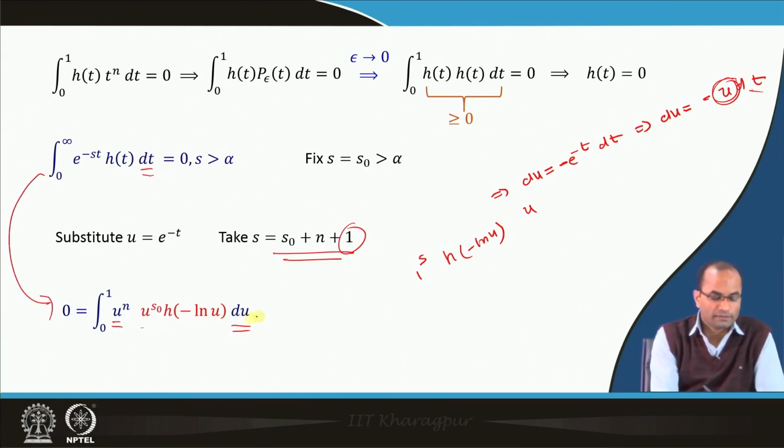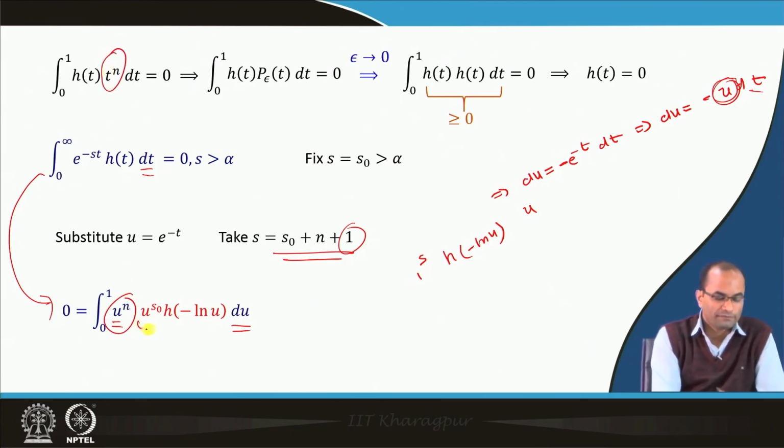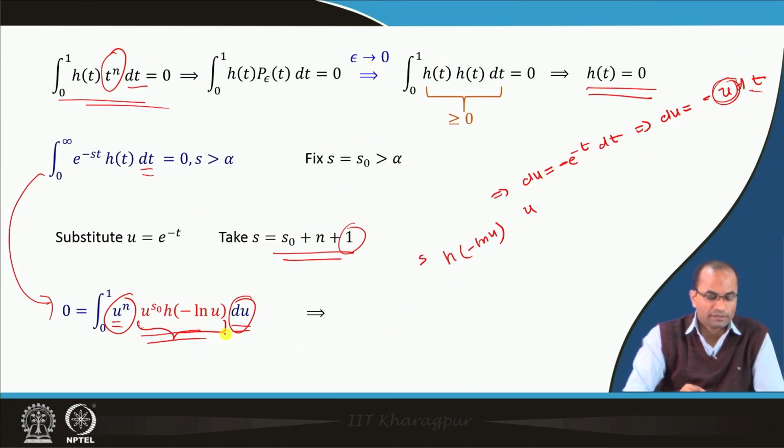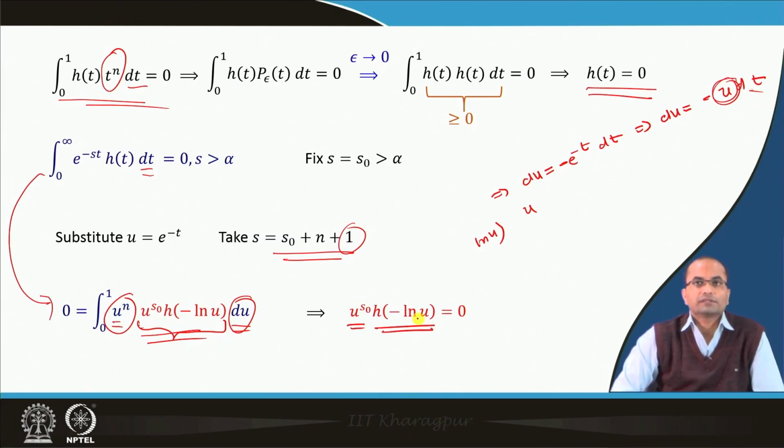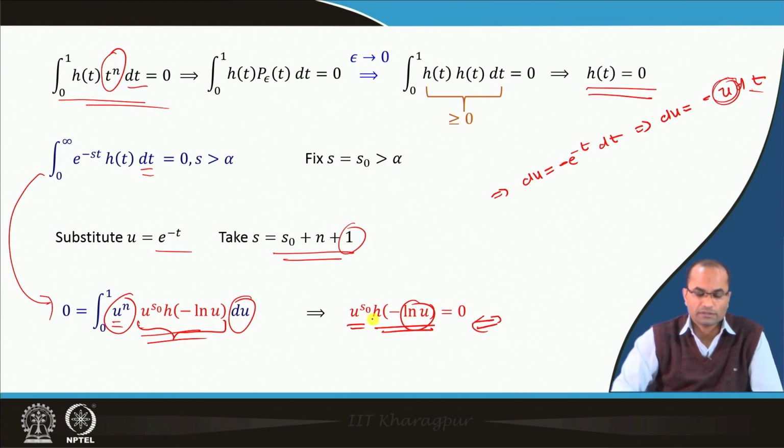Now, if we look at this form, we have u power n, similar to what we had there with t power n, and then we have some continuous function sitting, and then we have du, which was dt there. So, if this result implies h t equal to 0 identically, here also we are getting the same result. That means u power s naught times h of minus ln u will be equal to 0. Naturally, minus ln u is nothing but t.